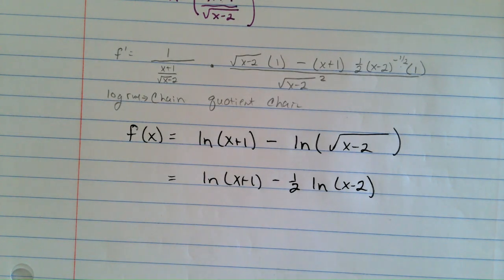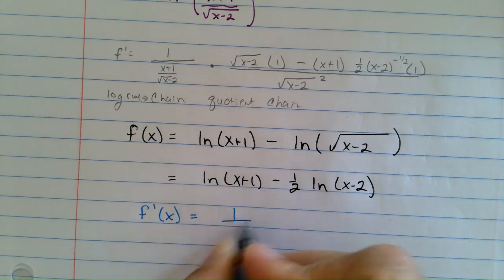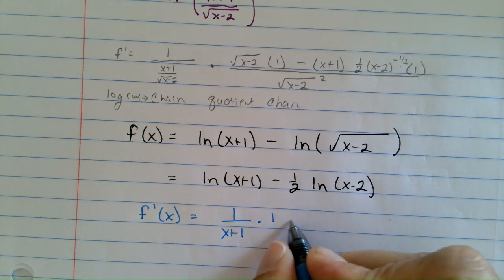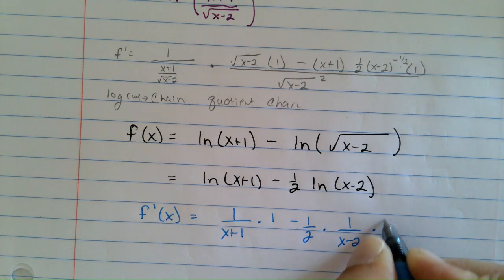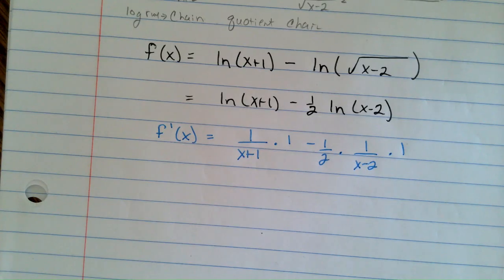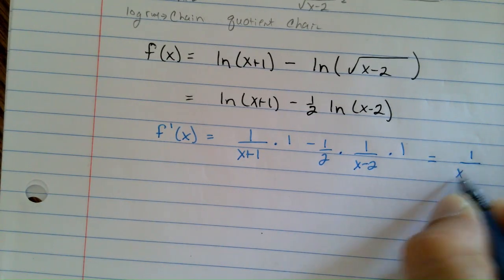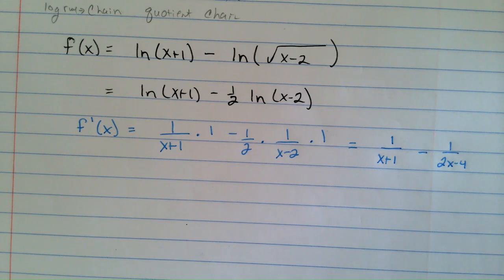And then we can derive that by doing 1 over what's inside multiplied by the derivative of what's inside, minus 1/2 multiplied by 1 over what's inside times the derivative of what's inside. I don't know about you, but that was a lot simpler.